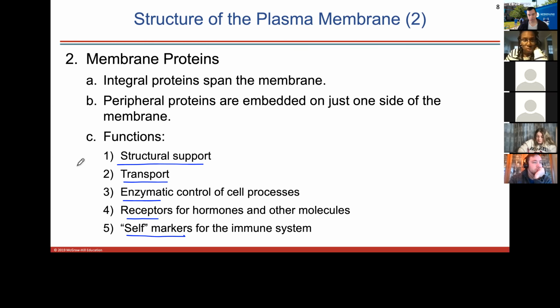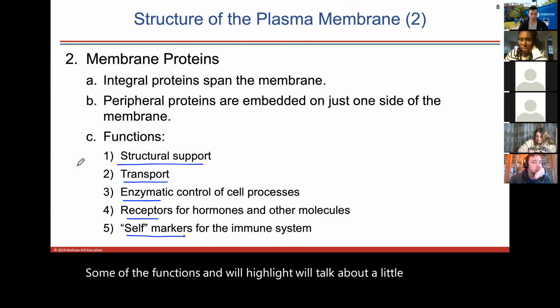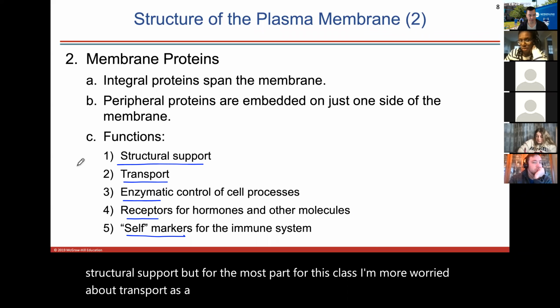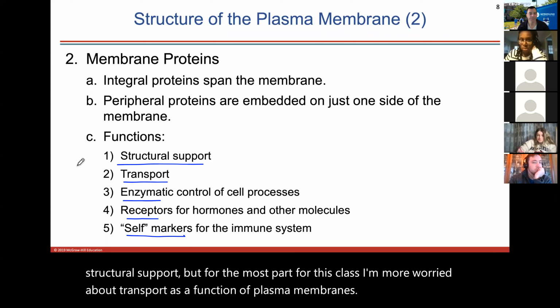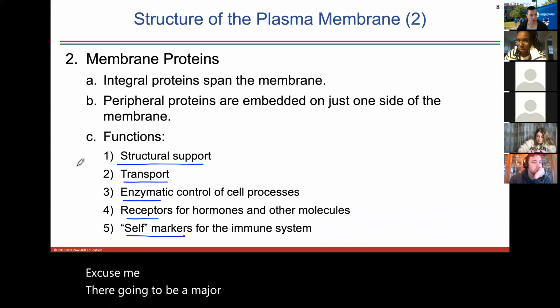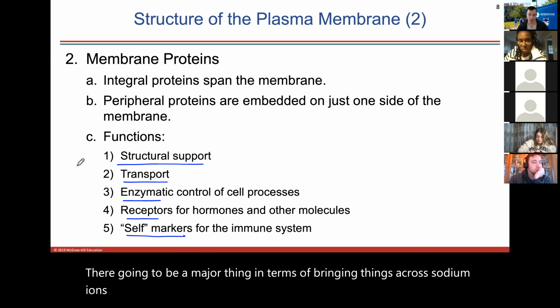Some of the functions, and we'll talk a little bit about structural support, but for the most part for this class, I'm more worried about transport as a function of plasma membranes. They're going to be a major thing in terms of bringing things across. Sodium ions, potassium ions, hydrogen ions, chloride ions.